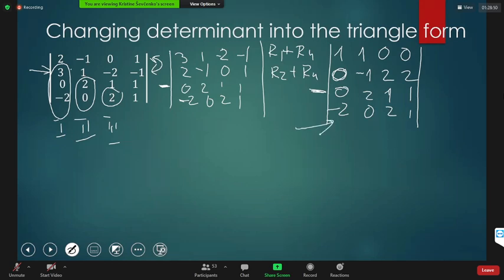But we can do it easily. That is row 4 plus 2 row 1. Because 1 times 2 plus negative 2 will give us that 0. So we have minus still in front. Nothing has changed yet. 1, 1, 0, 0. 0, minus 1, 2, 2. 0, 2, 1, 1.